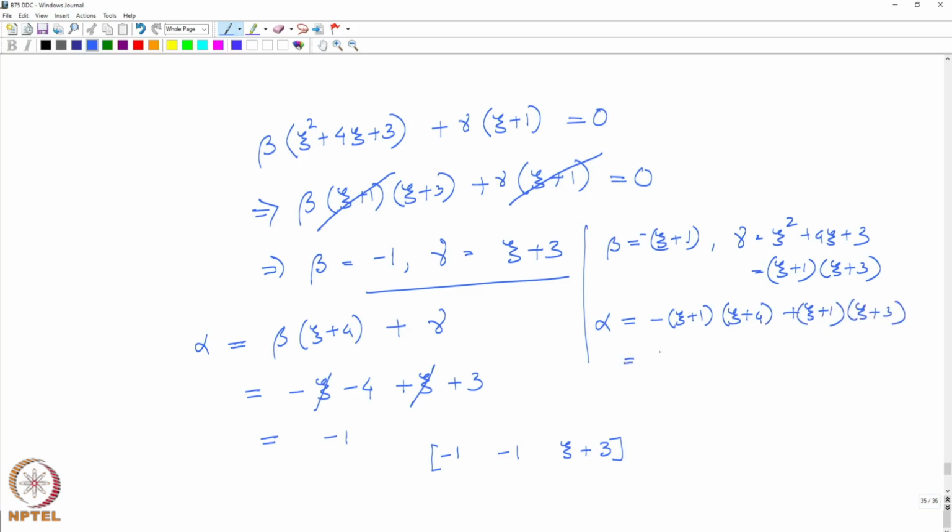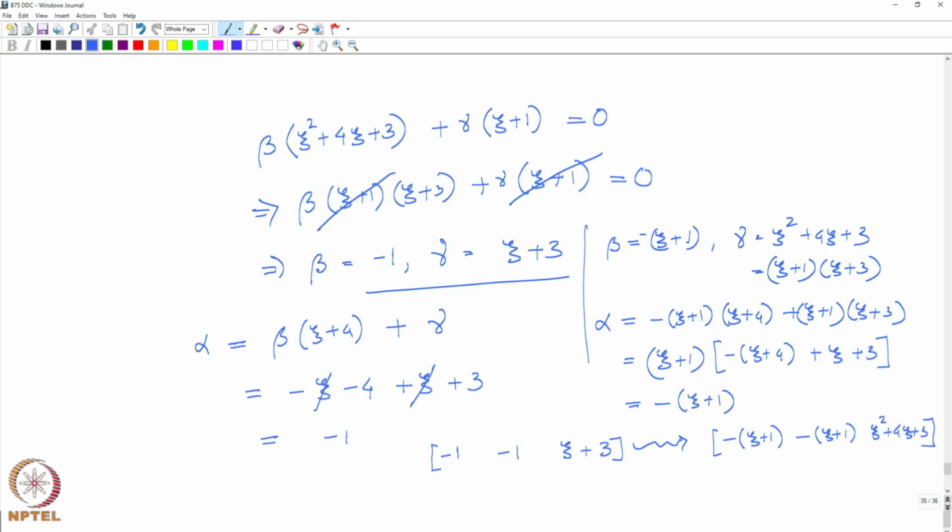I could take xi plus 1 out common and I will be left with minus xi plus 4 plus xi plus 3, where xi cancels out, and I get minus xi plus 1. So, instead of this, I will get minus xi plus 1 here, and xi squared plus 4 xi plus 3.